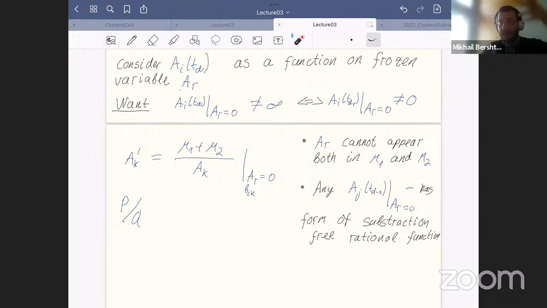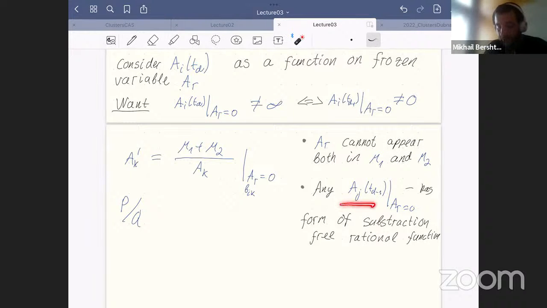If we divide subtraction-free expressions, we again get a subtraction-free expression. So in the definition of mutation, we don't have subtraction, so anything is subtraction-free. And if we put AR equals 0, it means that we can just omit some terms, but it remains subtraction-free.